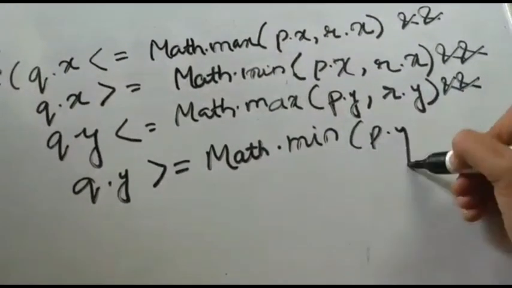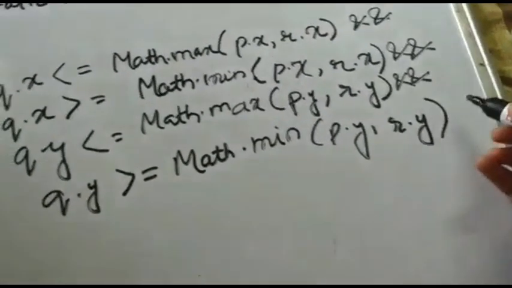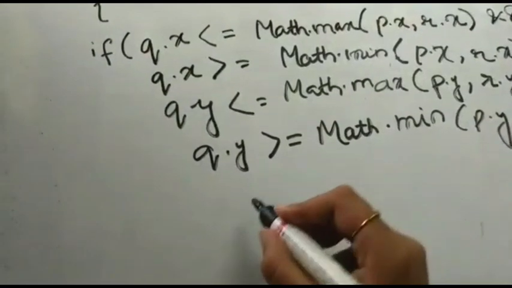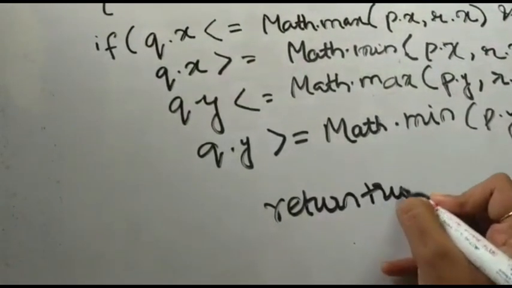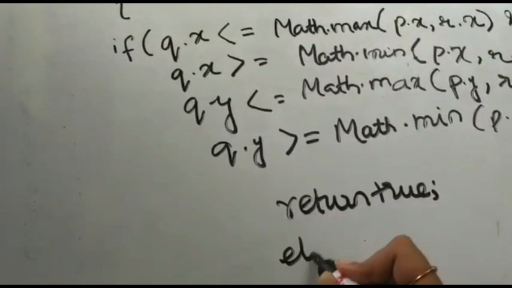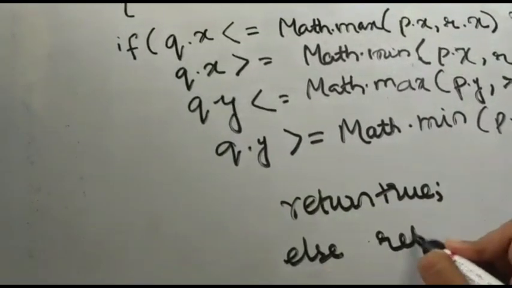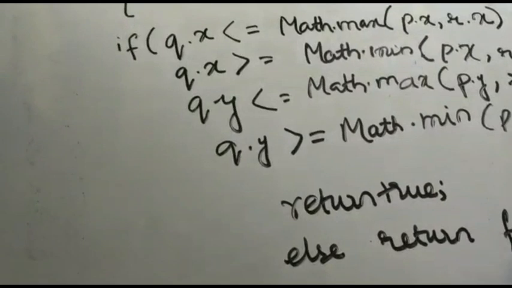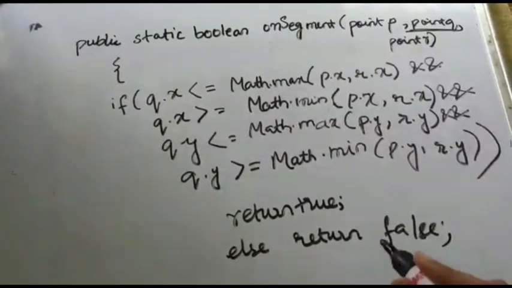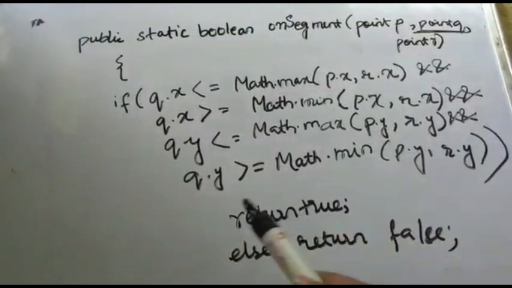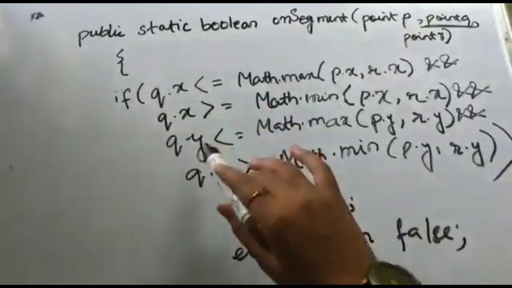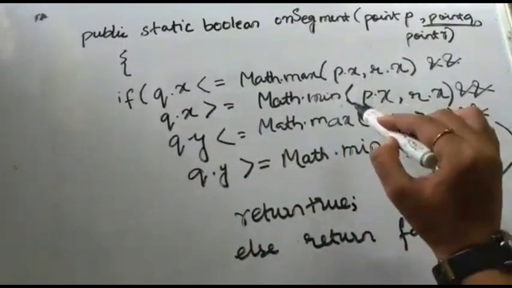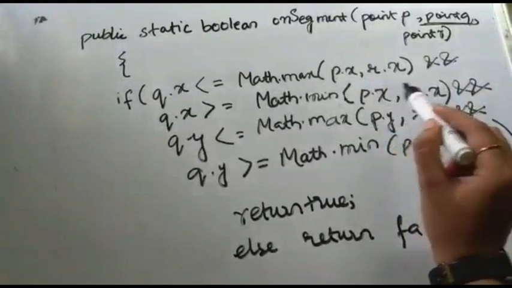As simple as that, we are going to take three variables with data type Point, and we have to find out for each coordinate if the x and y coordinates lie between the minimum and maximum of P and R, which are the two extremes.